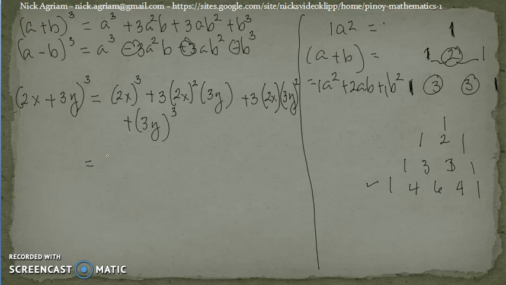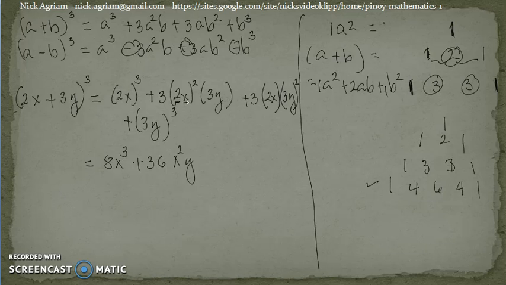Simplify: we have 2 times 2 times 2 is 8x raised to the power of 3, plus 2 squared is 4, so 9 times 4 is 36 x squared y.